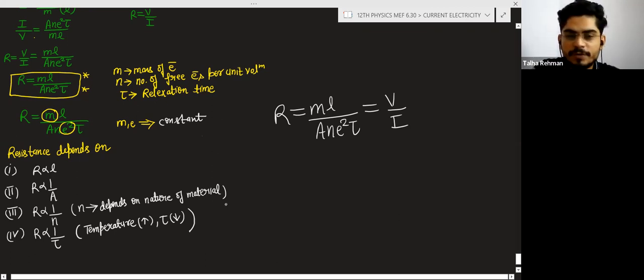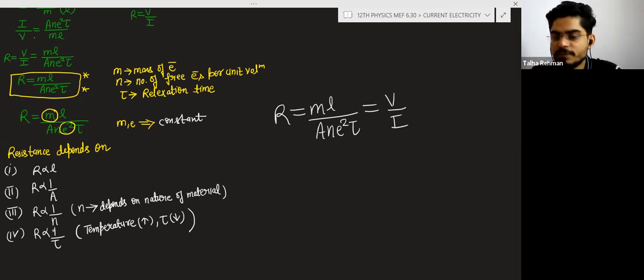If you fix the material, then n will automatically be fixed. If you take a copper conductor, then n is fixed there, because n depends on the material.